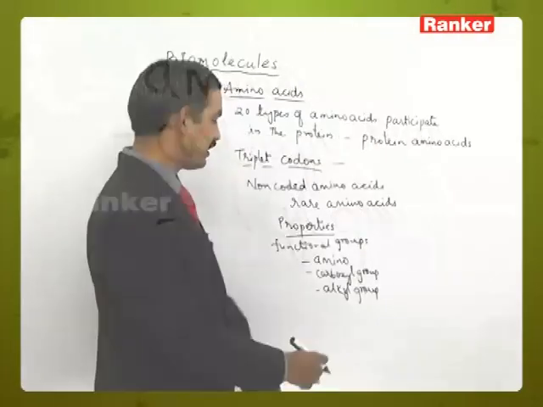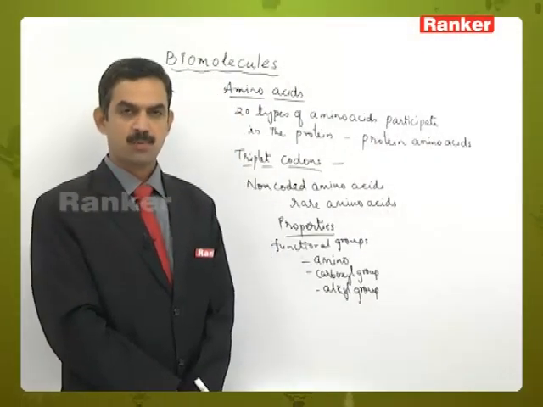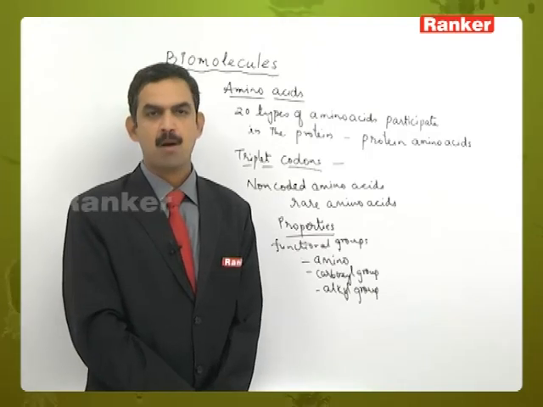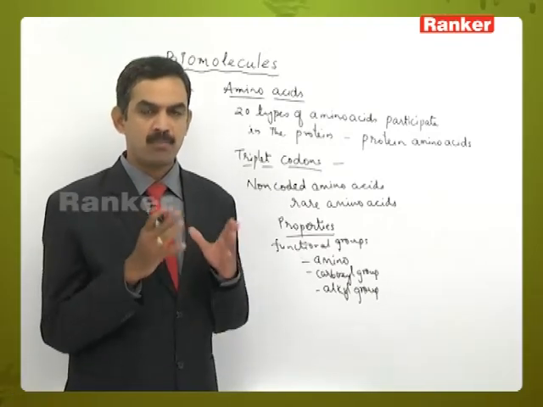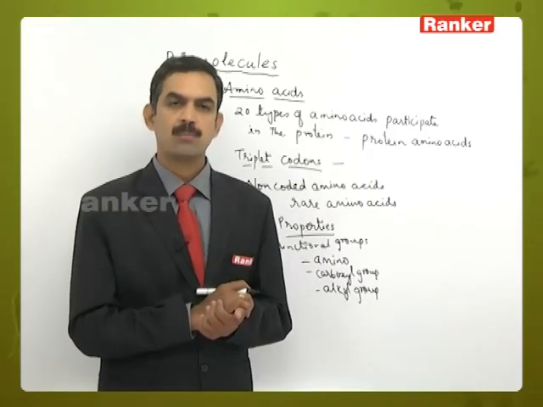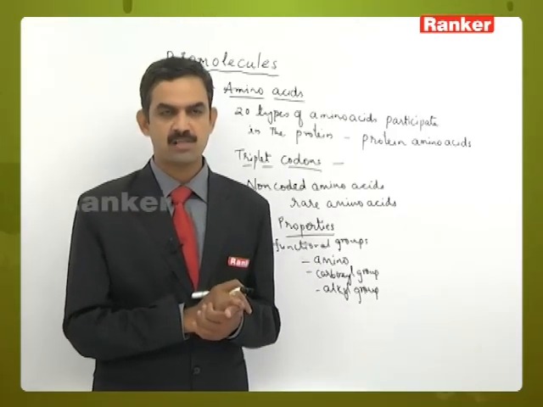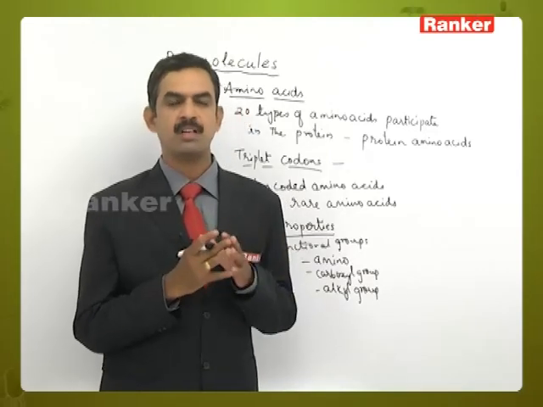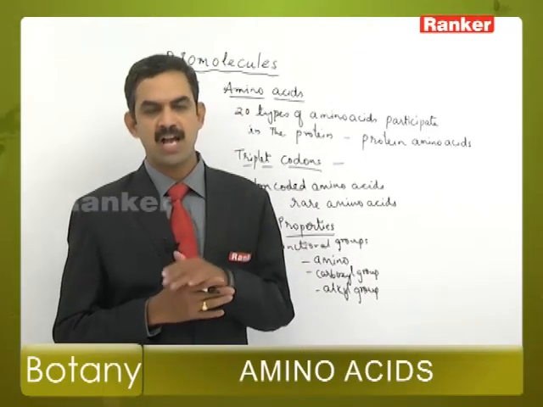These 3 decide the physical and chemical properties of the amino acids. Based on the number and nature of these functional groups, the properties change from one amino acid to another, so we can say different types of amino acids are there.